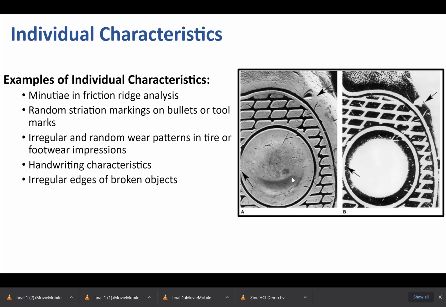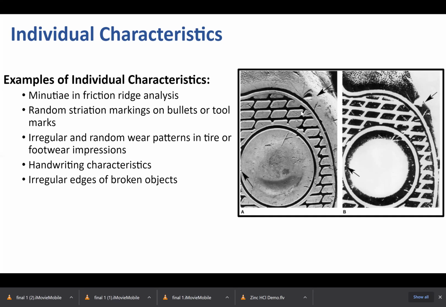I think this is a sneaker impression, and the arrows show some sort of defect right in that exact spot of the sneaker. And in this one, there's a defect in that exact spot too. Where this arrow is, if you look really closely, there's a teeny weeny white spot. It's a defect. And in this picture, it's a teeny weeny black spot.